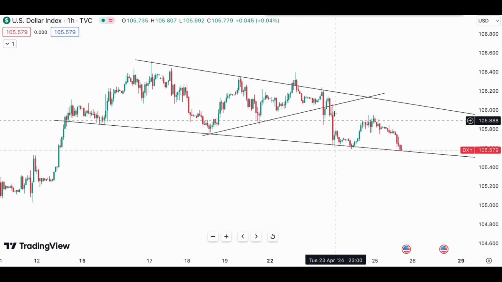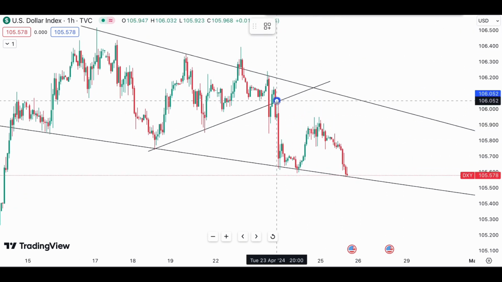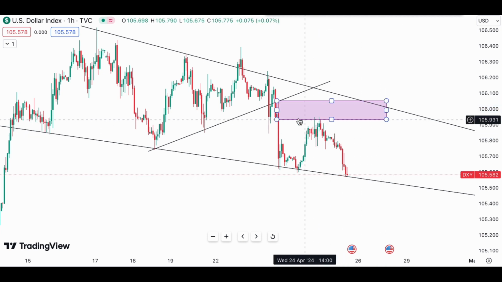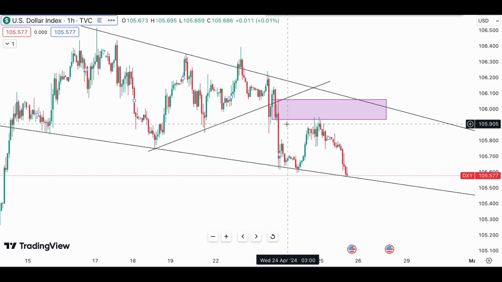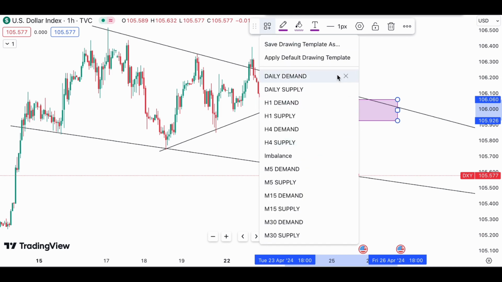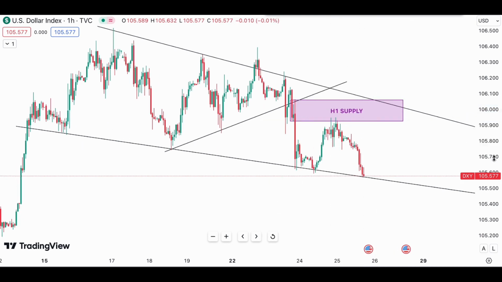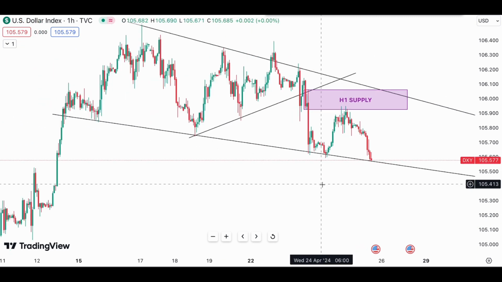After the breakout, it pulled back to the supply zone. Can you see, this is a very obvious supply zone, with one of our F5 setups as well. This is a very sharp entry. It just slightly touched the zone and reacted.